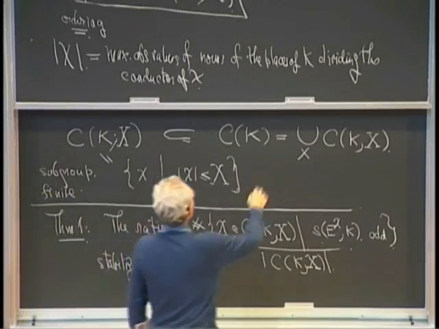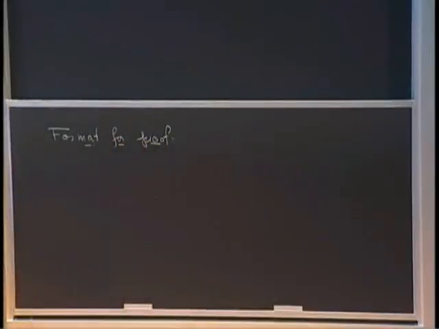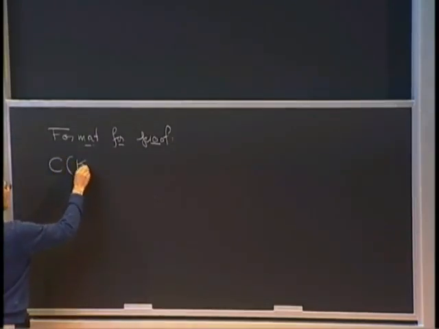So the format of the proof of this is interesting. It's not hard to prove this, but here's the format for the proof. So I'm asking whether something is even or odd and attached to a given character. So I can try to package that by taking C_K, the entire group here.